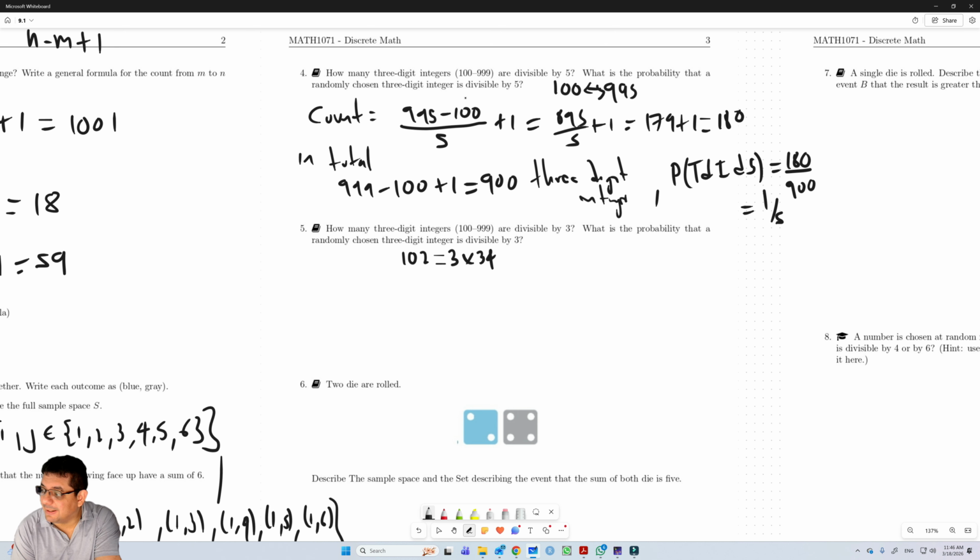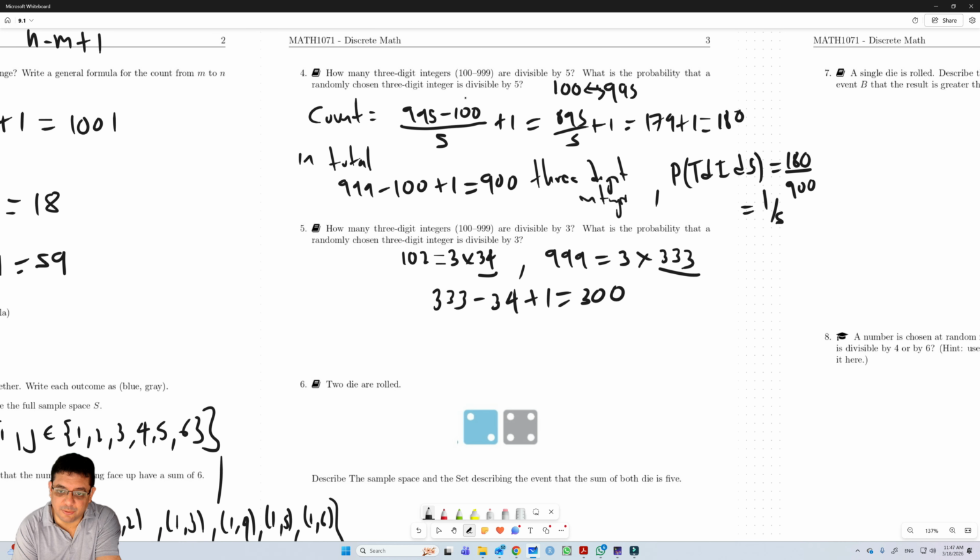And then the last and the largest is, of course, 999, which is 3 times 333. So we can calculate the count by taking the difference between 34 and 333, plus 1. And so that's going to give me 300.